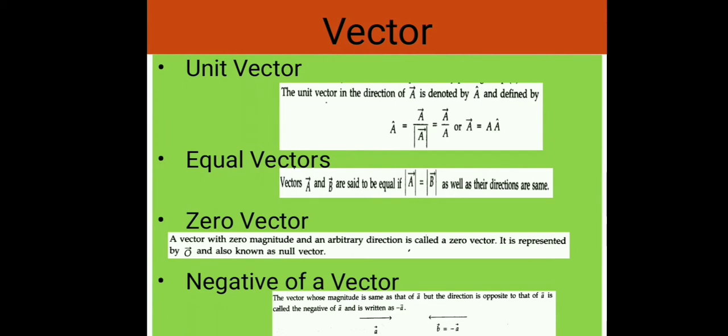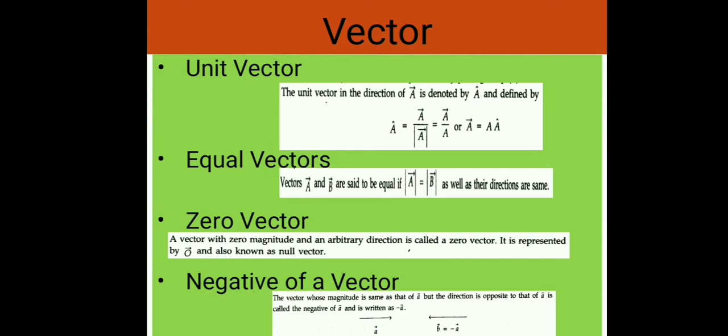In vectors, we will use some terms like unit vector, equal vector, zero vector, etc. Now come to these terms in detail. Unit vector. A unit vector is a vector of magnitude 1, or you can say unit magnitude, and points in a particular direction. It is used to specify the direction only.